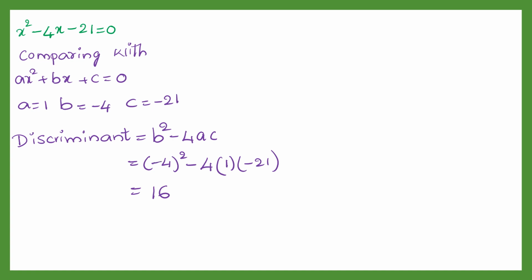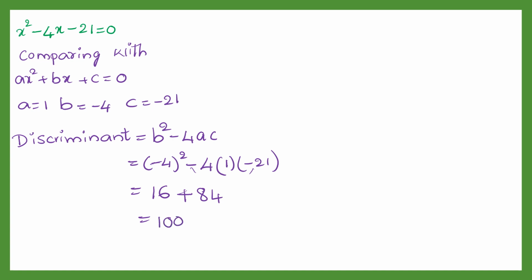For a negative symbol, if the power is an even number, it will change to positive. If the power is an odd number, it will remain negative. So here the power is even, so minus into minus will become plus. 4 square is 16. Again minus into minus is plus. 21 4s are 84. So you will get 84 plus 16 is 100.